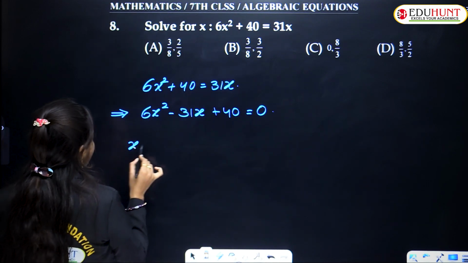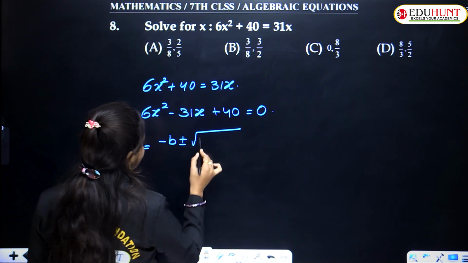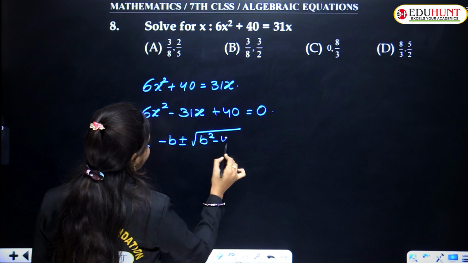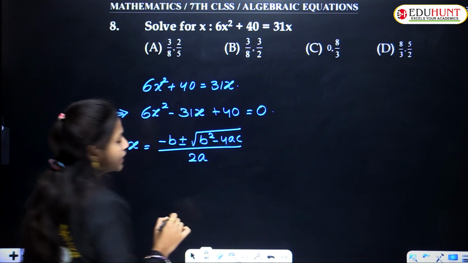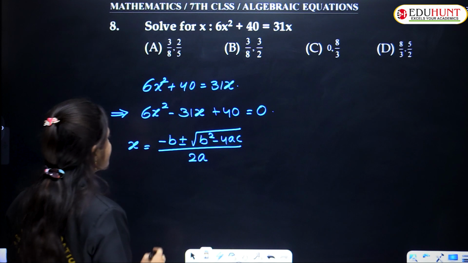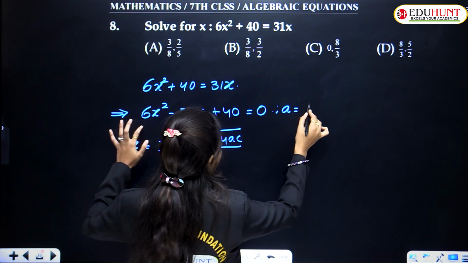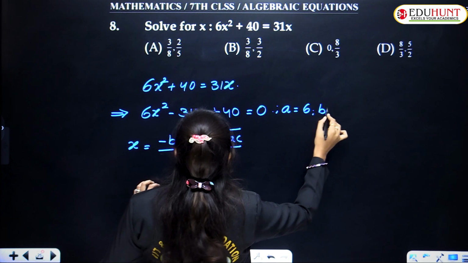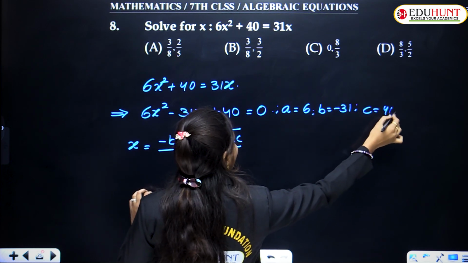What is that? x is equal to minus b plus or minus square root of b square minus 4ac, by 2a. So substitute those values. Here a is equal to 6, b is equal to minus 31, c is equal to 40.